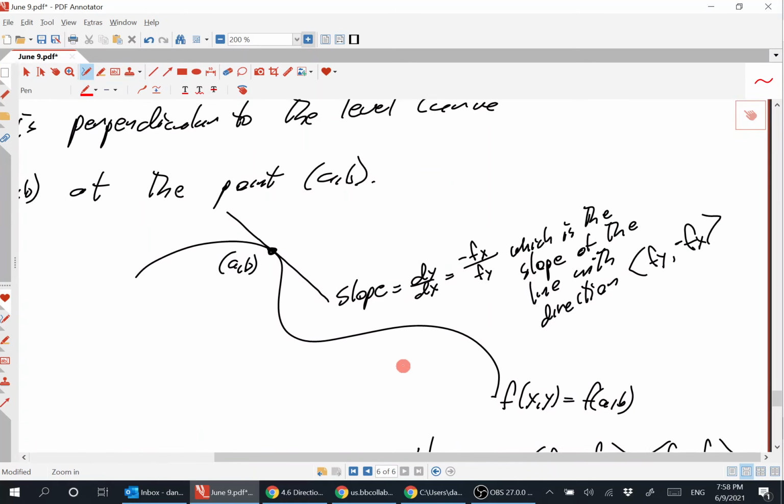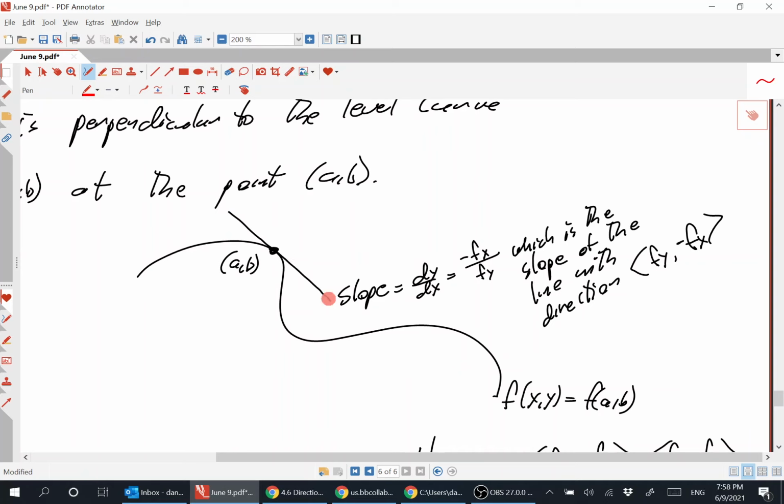Right? So in this picture, the tangent line has slope dy/dx, but we showed, by the chain rule, that it is the partial derivative of f with respect to x over the partial derivative of f with respect to y. And that's rise over run for this vector.